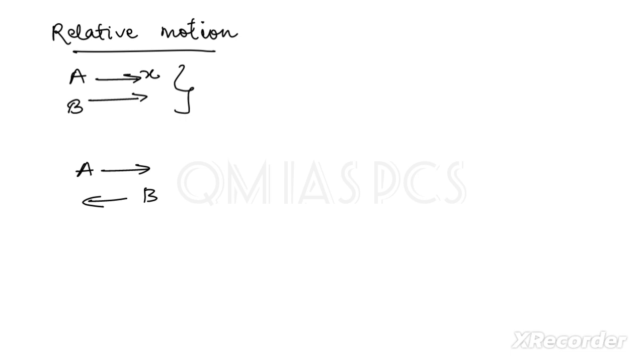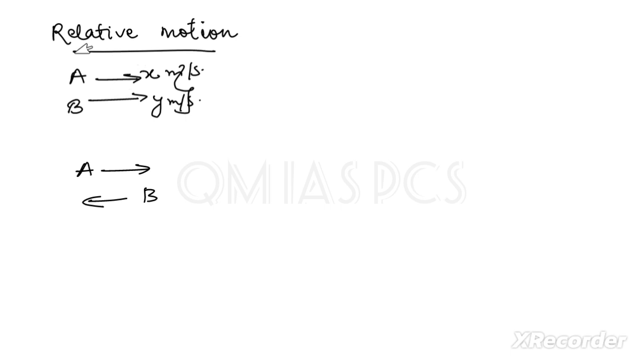For B, I am considering x meter per second for A and y meter per second for B. This arrow is showing the direction of motion. This means both bodies are moving in the same direction.